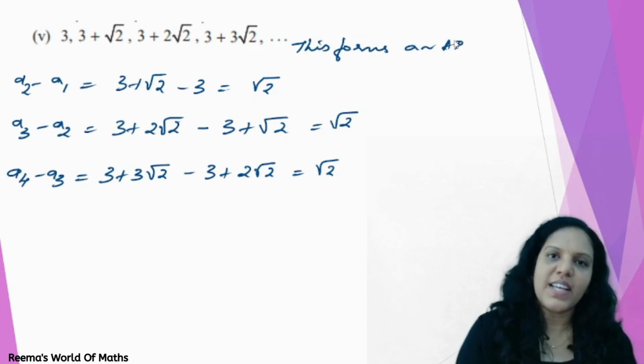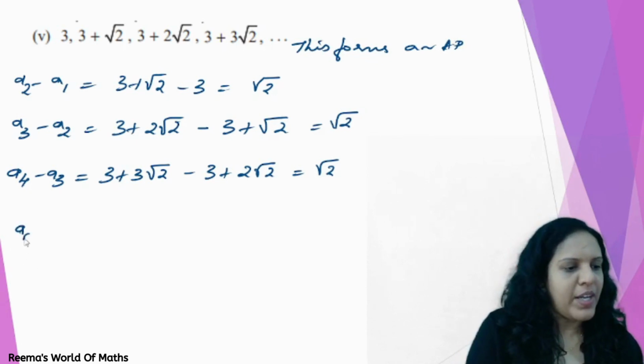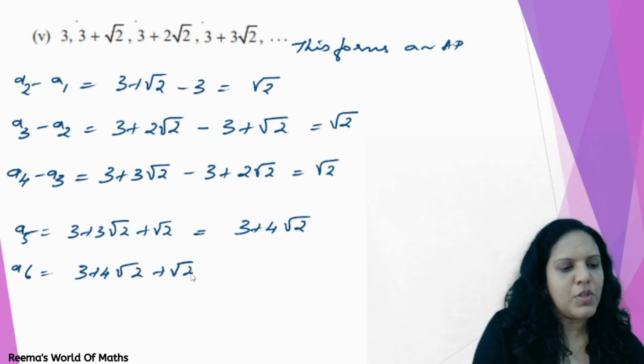Now let's write the next three terms of the series. A5 will be 3 plus 3 root 2 plus root 2, which is equal to 3 plus 4 root 2. A6 will be 3 plus 4 root 2 plus root 2, which is 3 plus 5 root 2.